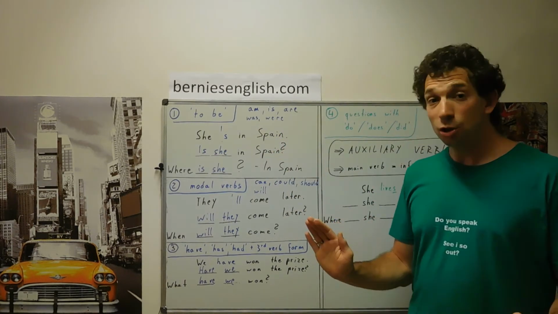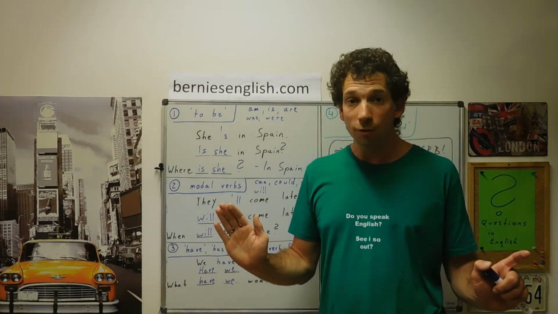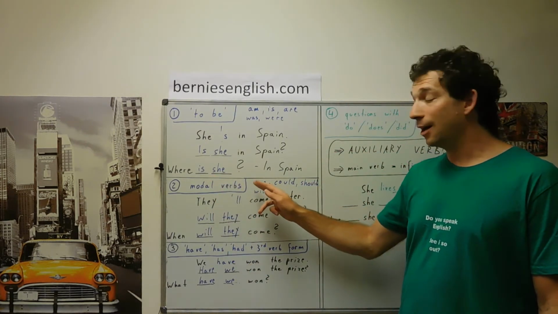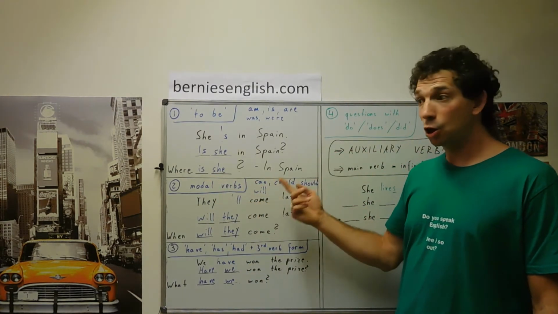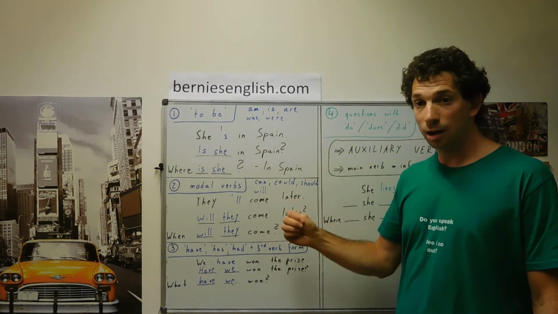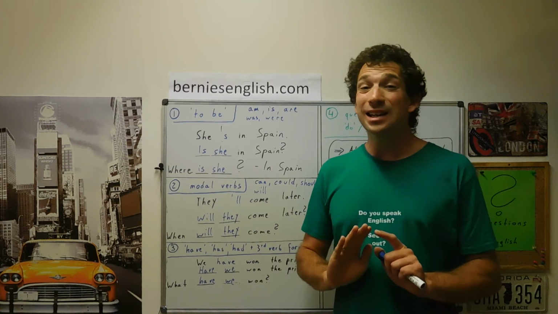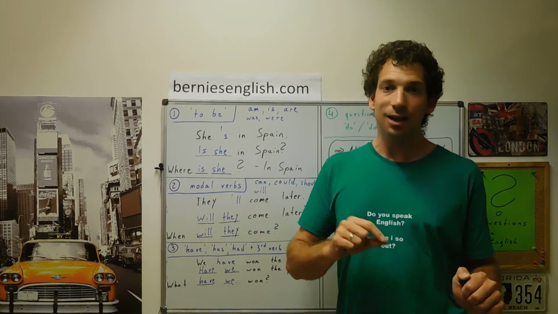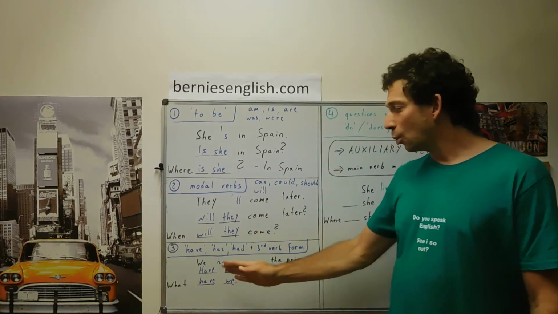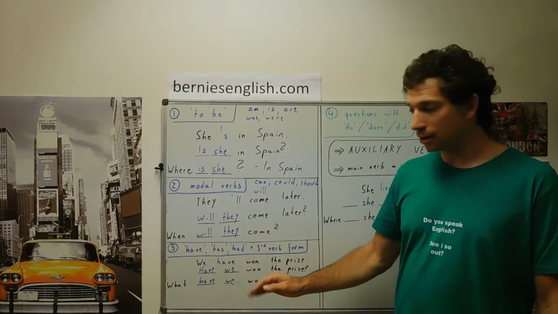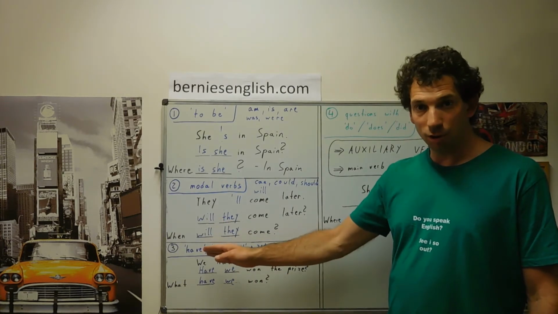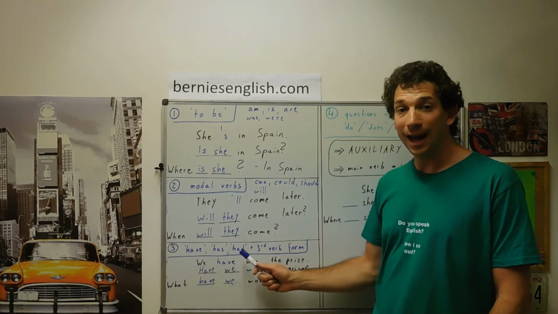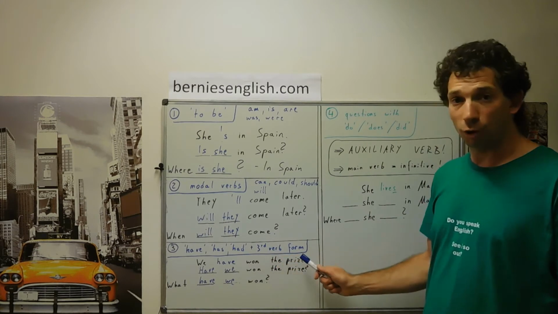And we never use the verb do for the question, or does or did, if we have a modal verb, for example, can, could, should, will. And we never need a do, does or did as an auxiliary verb when we have a question in the present perfect. The present perfect, remember, is formed with the verb have, has or had, and the third verb form, the past participle.